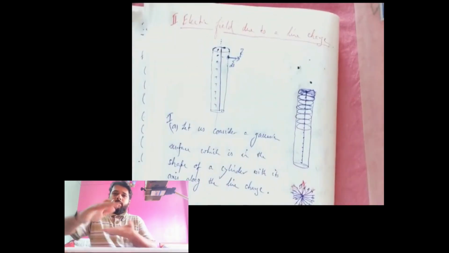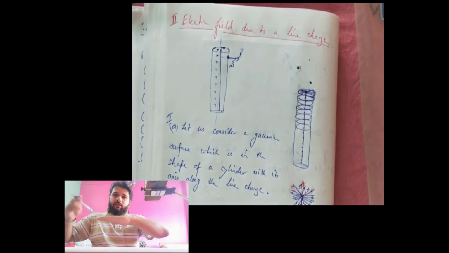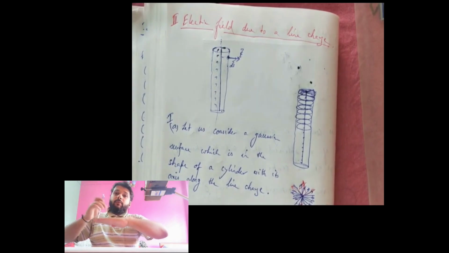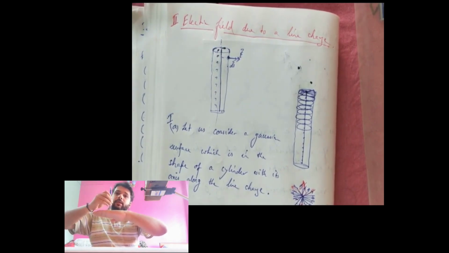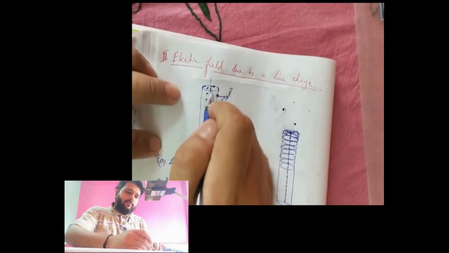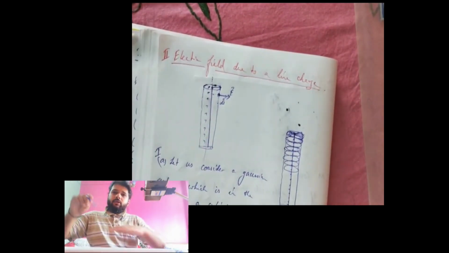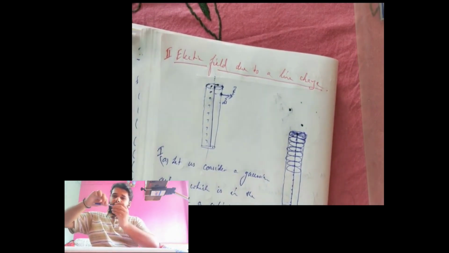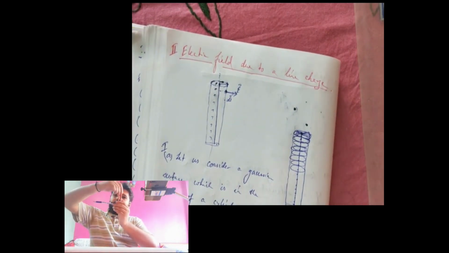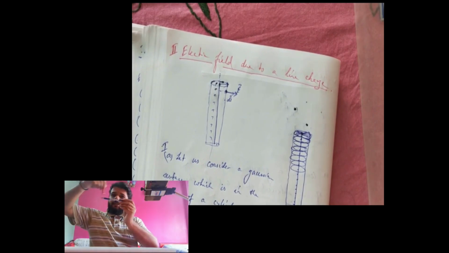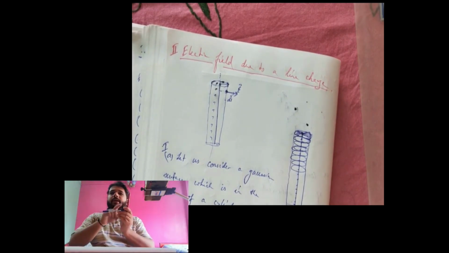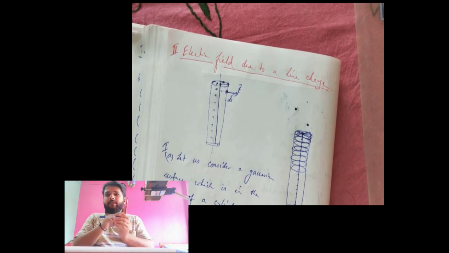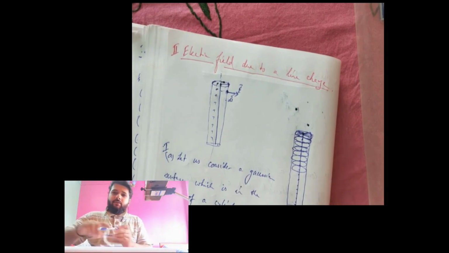Now the area vector will be perpendicular to it, and the electric field lines are in this direction, and the area vector is perpendicular. So the electric field and area vector are perpendicular to each other, they are making 90 degree.